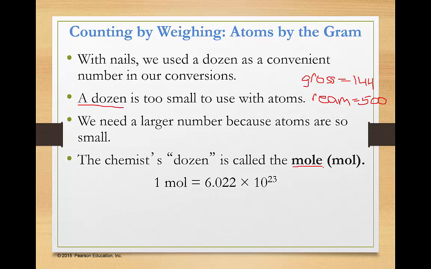Now, this is a little bit odd. The abbreviation for mole, M-O-L-E, is MOL. I know, really shortens it, dropping just an E, but that's the way it is. So MOL, M-O-L-E, that's the mole. 1 mole of anything is equal to 6.022 times 10 to the 23rd power. Okay?